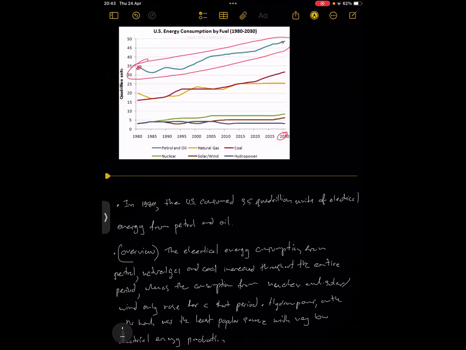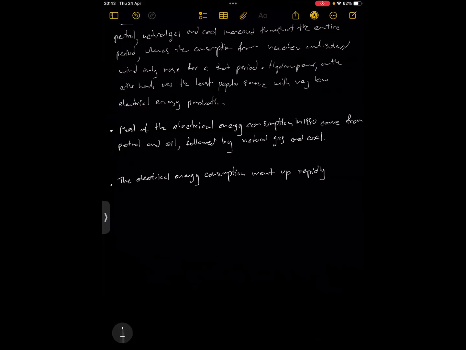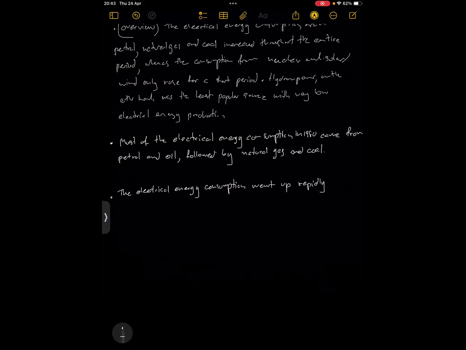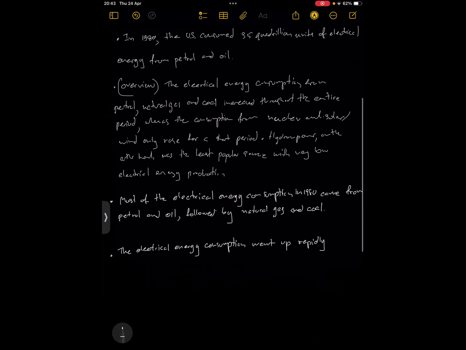It starts at 35 and ends at almost 50. So 50 divided by 35 is 1.43. If you multiply that by 100 and subtract 100 from it, we get 42.9, a 42.9% increase. So I can say that it went up rapidly by 42.9%.